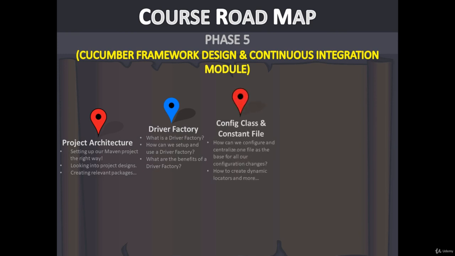We'll then be looking at configuration class, so creating a configuration class to read data from a properties file. We'd also create a constant class, and inside that constant class we're going to house dynamic locators or directories which will enable us to copy and paste our project to different locations, and it's going to do all the hard work for us so we don't have to keep updating.